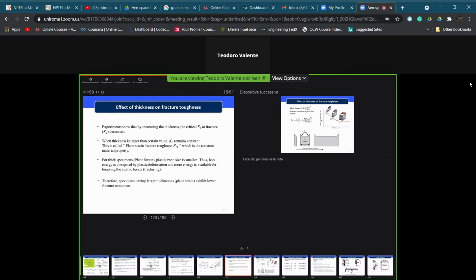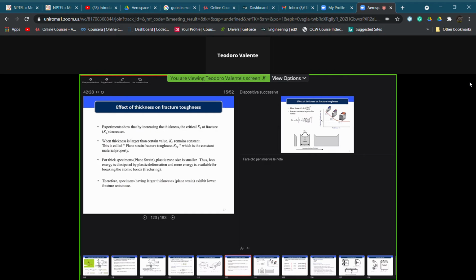One thing that must be considered, generally speaking, is that the fracture toughness of materials usually can depend on the specimen thickness. Experiments show that by increasing the thickness of the specimen, the critical K1 value at fracture decreases.